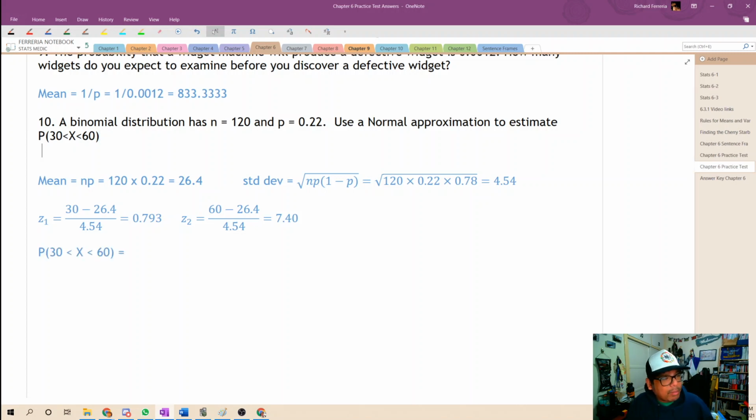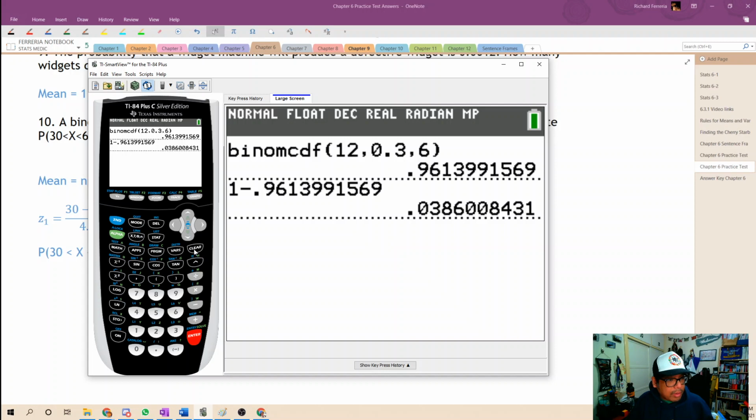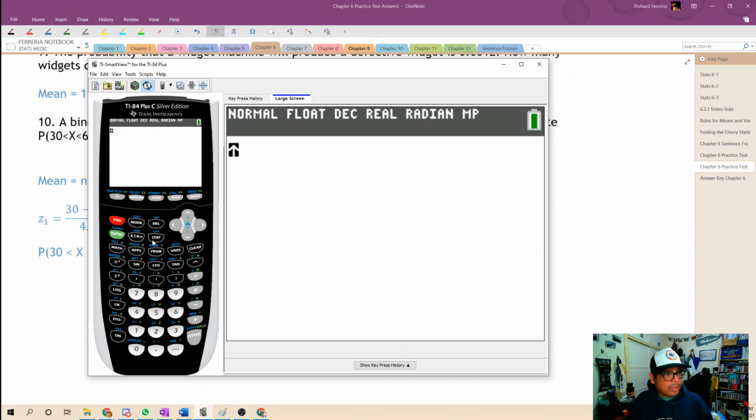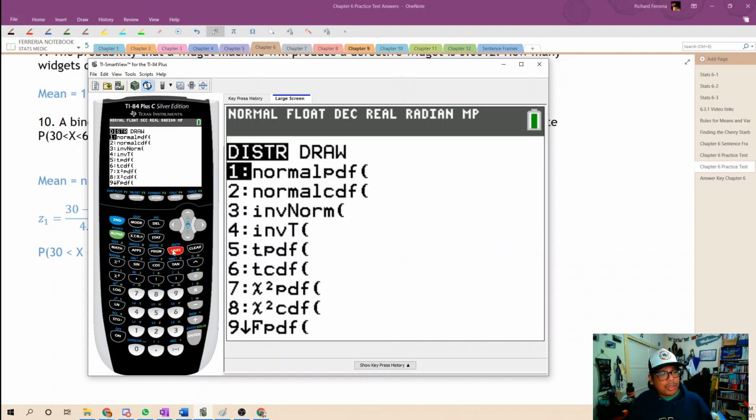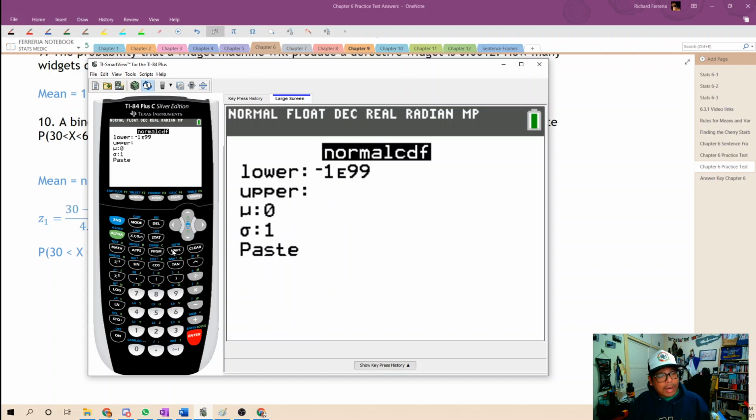Next, we can set up our probability statement. We've got the probability that x is between 30 and 60. That's equal to the probability that a z-score is between 0.793 and 7.4. And we're ready for our calculator. Back at our calculator, we're going to go to our distribution and normal CDF. Now you could use the z-scores, or you can use everything in terms of x.